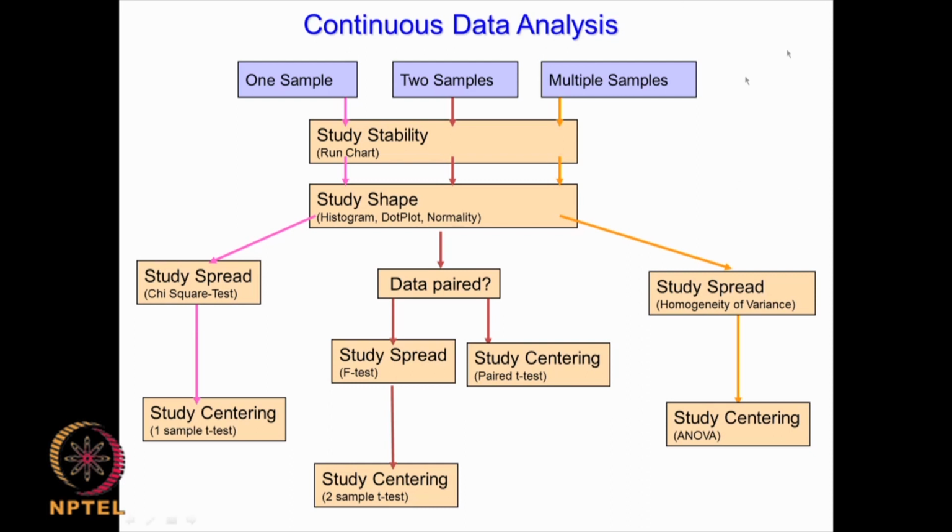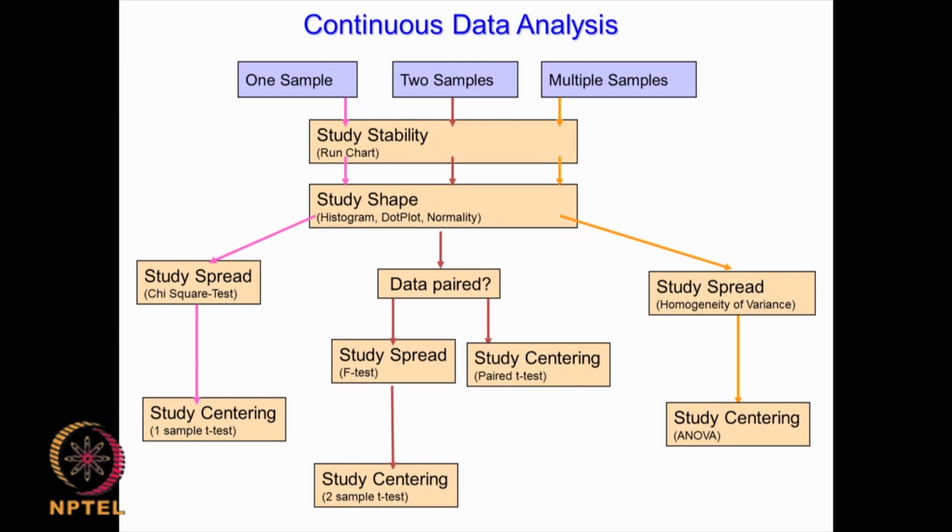So, when we have the continuous data, there are many situations. We can have one sample, that means I know the population details, I take a small sample and I am comparing with the population, that is called a one sample. For example, I know the 12th standard average from a particular school is 95%.